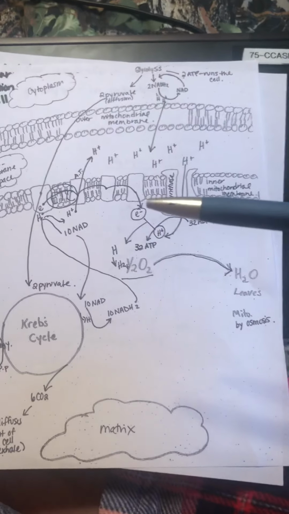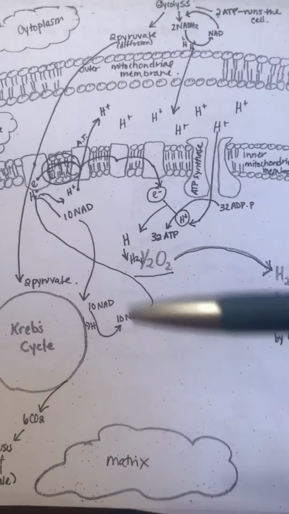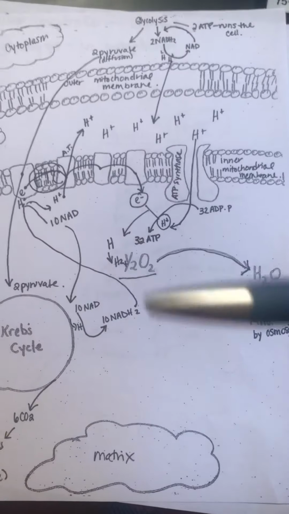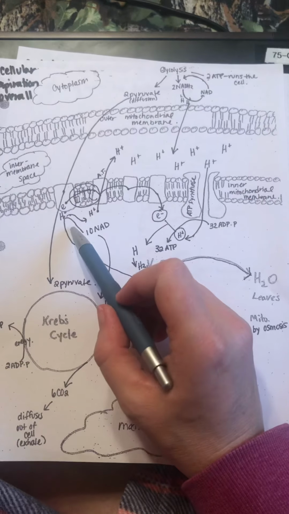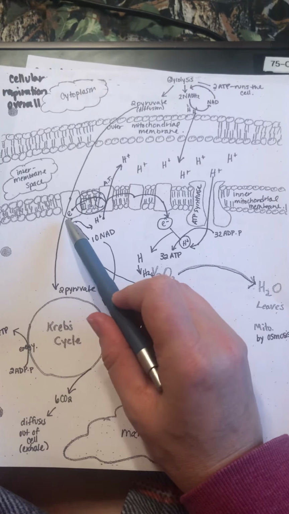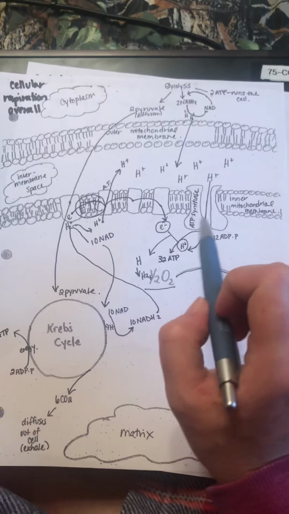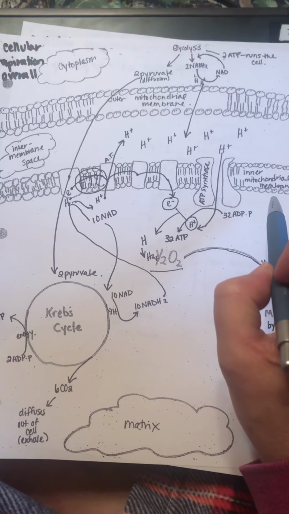So the next part of the process is the electron transport chain. As your NAD molecules bring your hydrogens up, this is called the electron transport chain. It's found in the inner mitochondrial membrane.